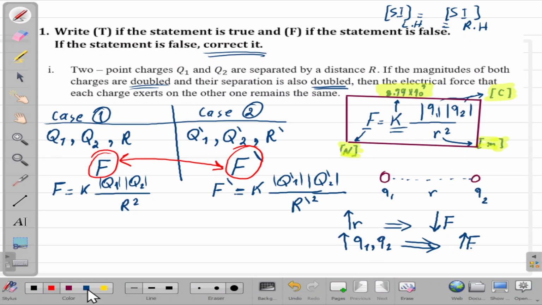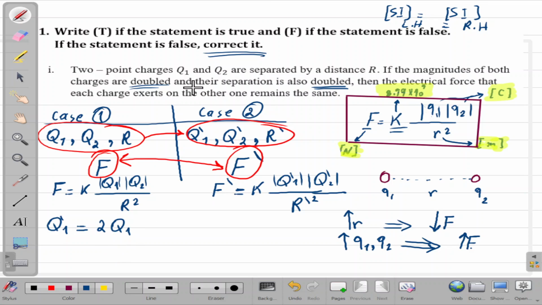Let's write here the relationship between the quantities in the first case with the quantities in the second case. Knowing that Q prime 1, according to the question, is equal to 2 times Q1.